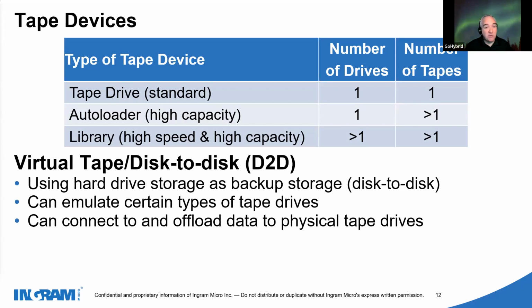But where virtual tape is really good, usually when we're thinking about restoring from backups, it's not because of a catastrophic failure. It's because somebody accidentally deleted something they needed. And in that case, it's kind of a pain to go to the bank, go to the safety deposit box, take out a tape cartridge, load up the tape cartridge, and restore one file that some guy in IT accidentally deleted.